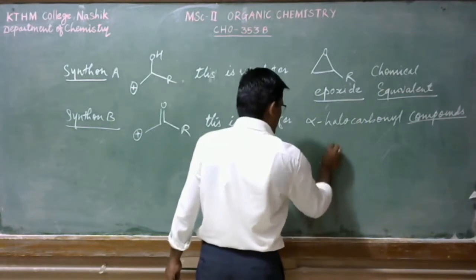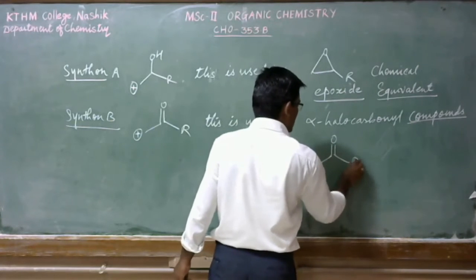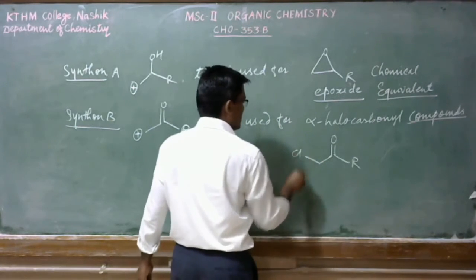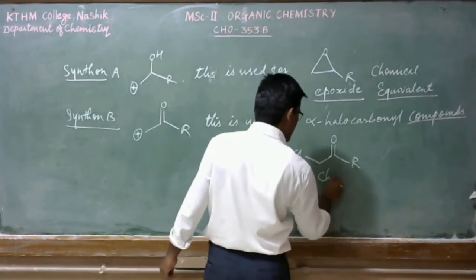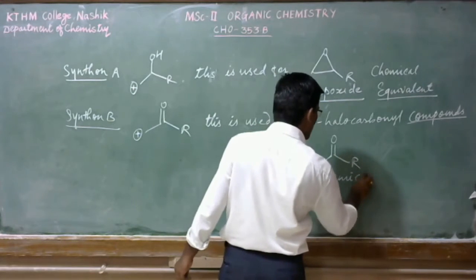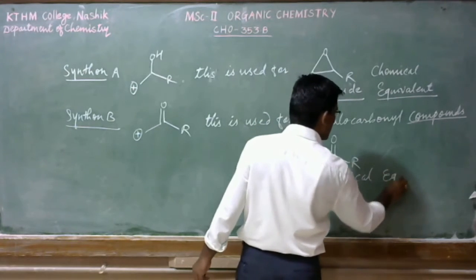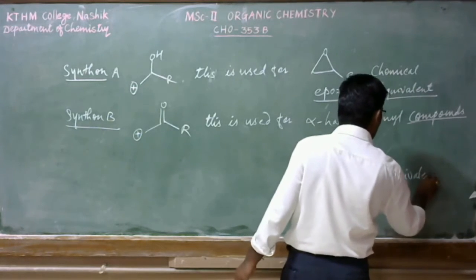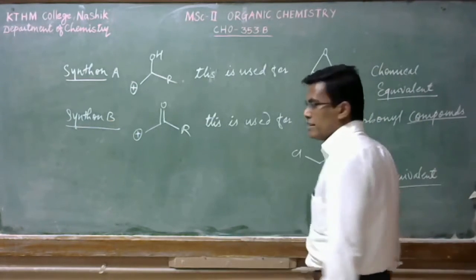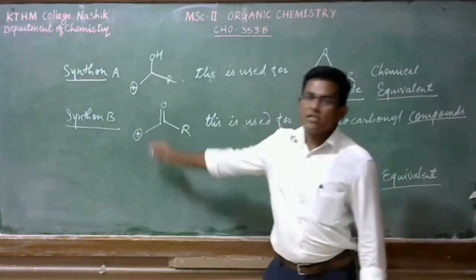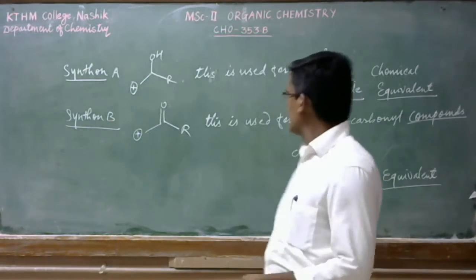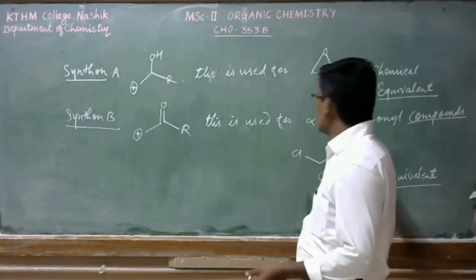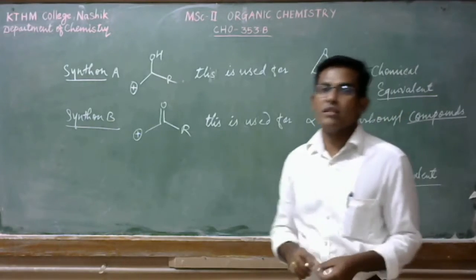So we could get this kind of chemical equivalent. Okay. So this synthon B can be used for alpha halocarbonyl compounds.